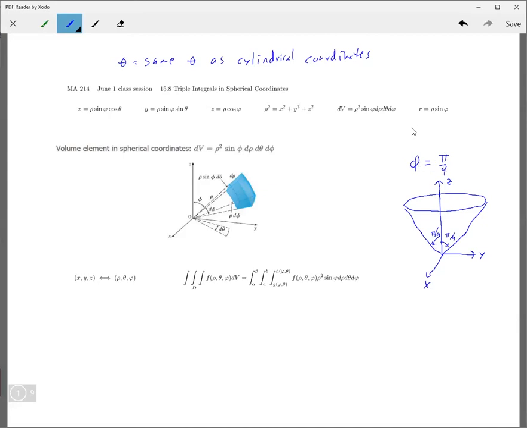Also, another thing about phi is it can't be more than pi. Pi is going to put you all the way down to there.